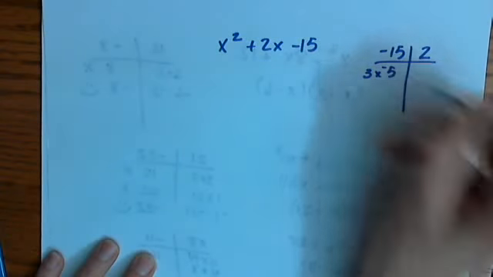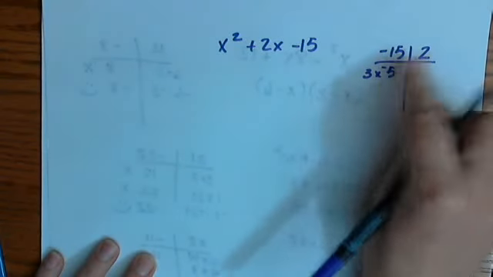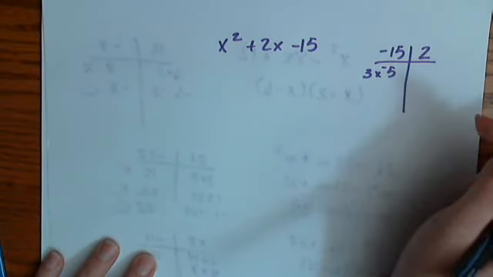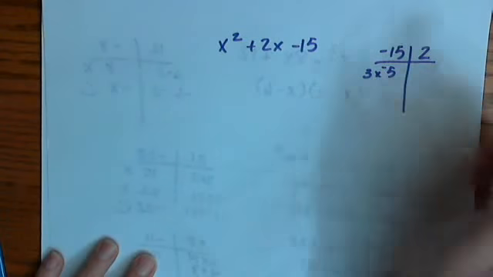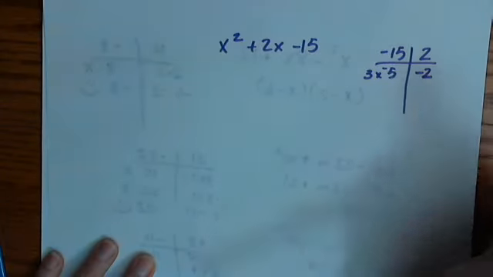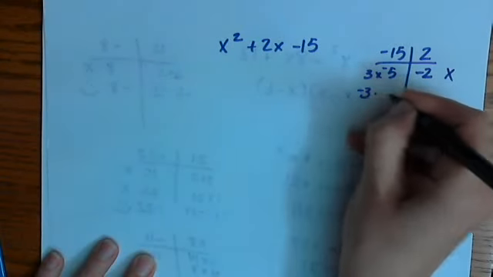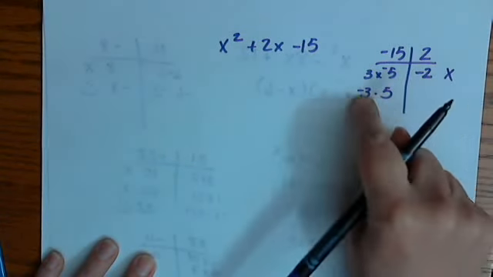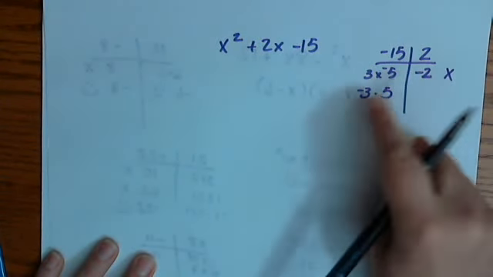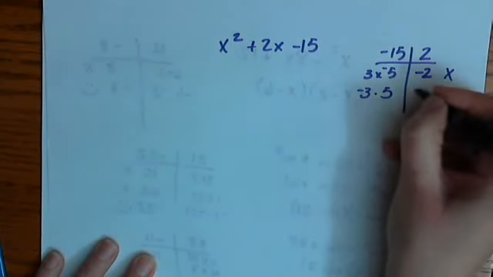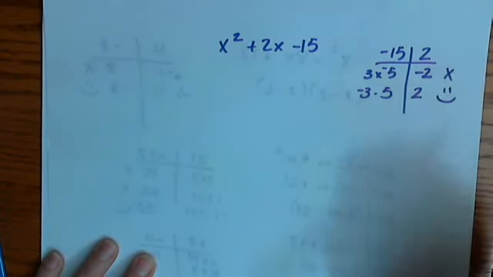So if I make it 3 times negative 5, then it does multiply to negative 15. 3 plus negative 5 is negative 2. Not what we want. How about negative 3 times a positive 5? Again, they multiply to a negative 15, and when I add them together, I get a positive 2. That's more like it.